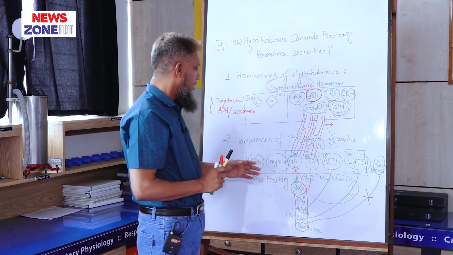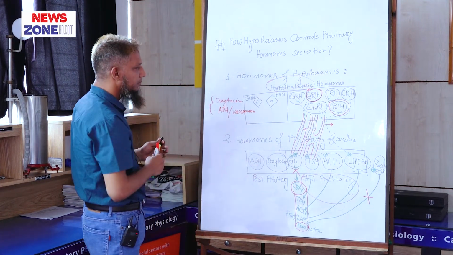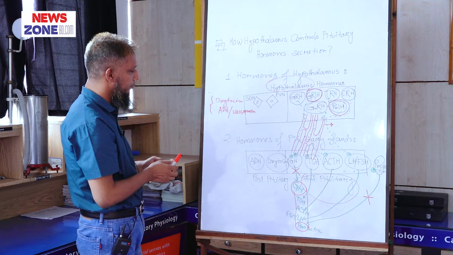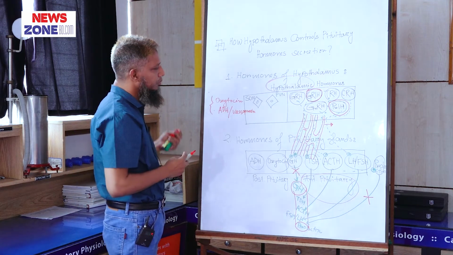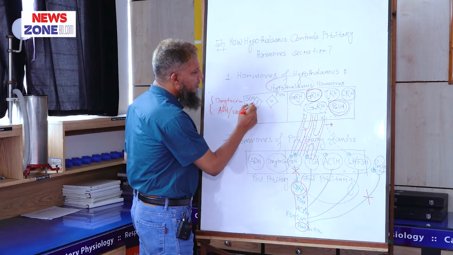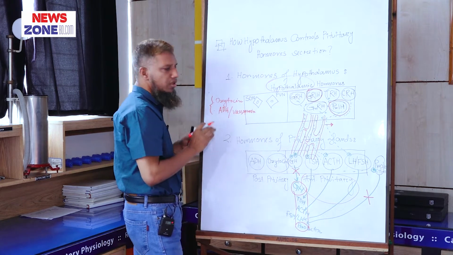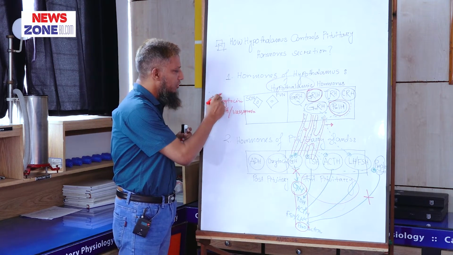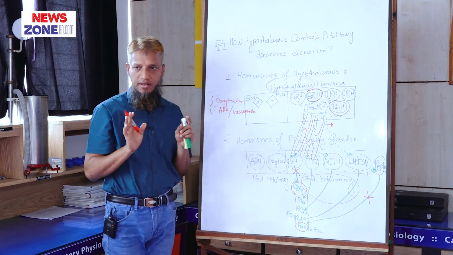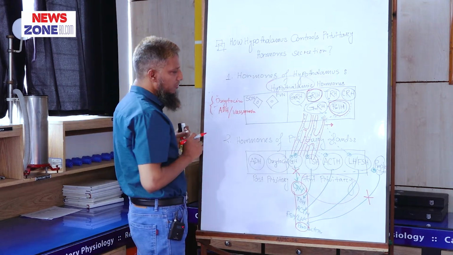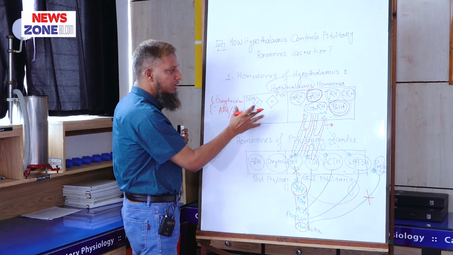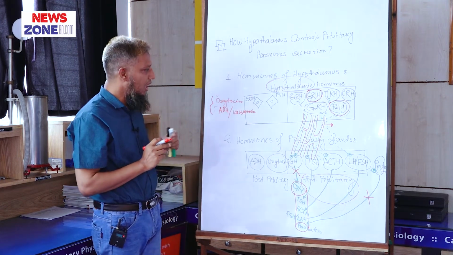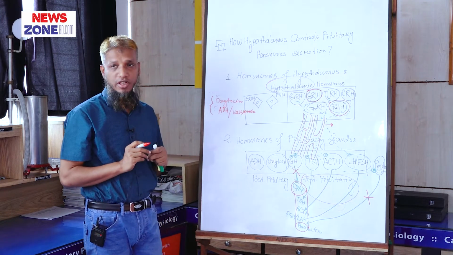Okay. On the other side, the supraoptic nucleus and the paraventricular nucleus, these two nuclei synthesize oxytocin and ADH hormones. Now, our concern: after synthesis within the hypothalamus, how do these two hormones reach the posterior pituitary?